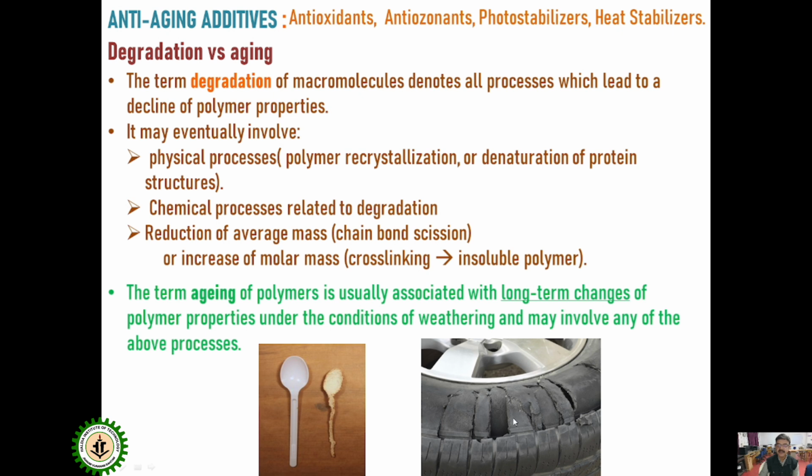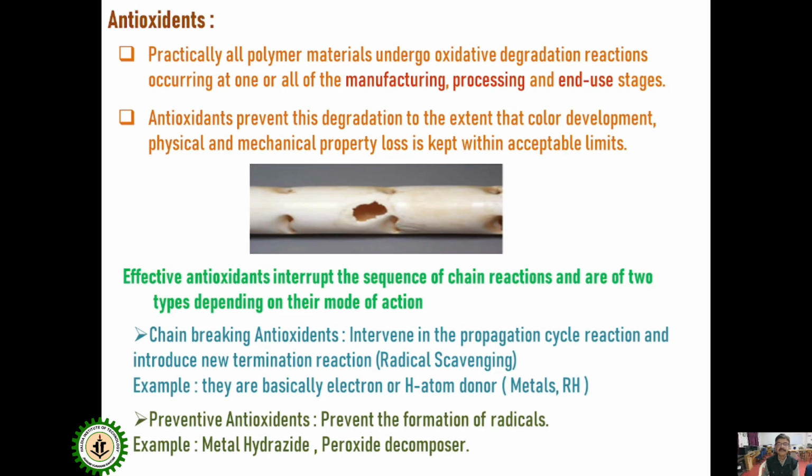If you keep a motor tire for a long time in the environment, after a few months you will find this kind of degradation visible. These are very common. This is a plastic pipe. If it is exposed to the atmosphere for a long time, this kind of holes will be generated.